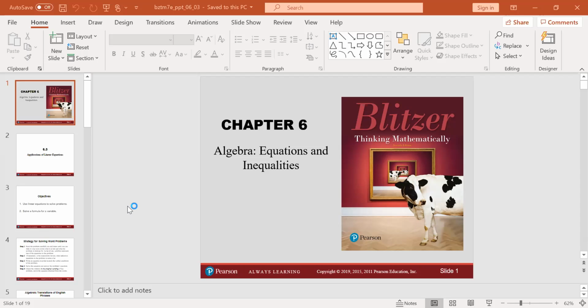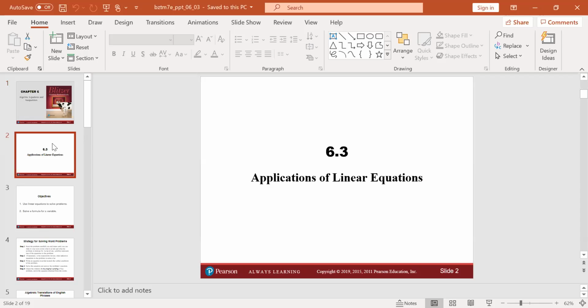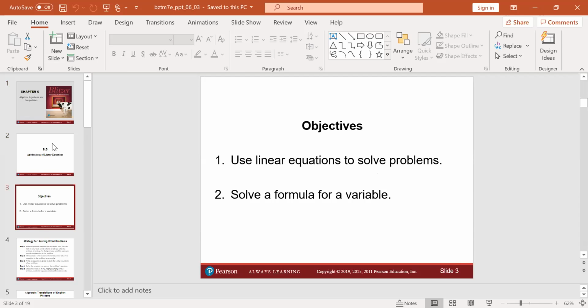Okay, so we are doing chapter 6 now, and so far chapter 6 has been concerned basically with linear equations of some kind. And so far, we've really only dealt with linear equations in one variable. So let's talk about what happens when we graduate from that.